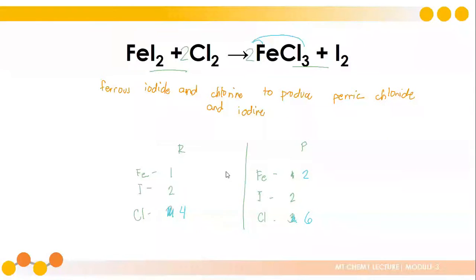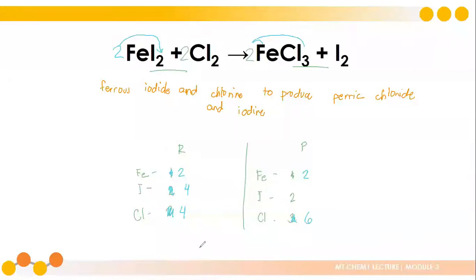In order to balance iron, let's take a look at the reactant side, because you can only add, you can never subtract. Let's try to put 2 in this one, making iron on the reactant side 2, and making iodine 4.